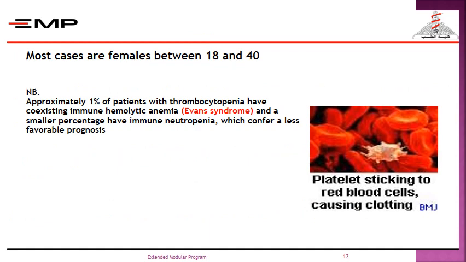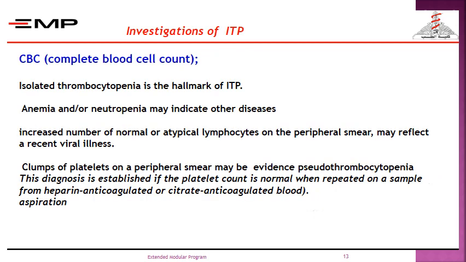Most cases are females between 18 years and 40 years. Approximately 1% of patients with immune thrombocytopenia have coexisting immune hemolytic anemia, and it's called Evans syndrome. A smaller percentage also have associated immune neutropenia, which confers a less favorable prognosis.